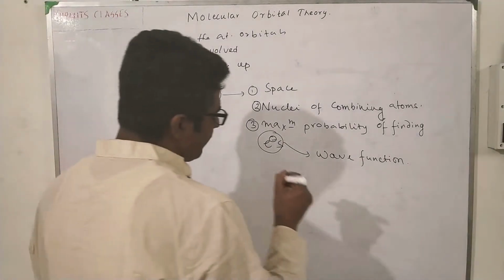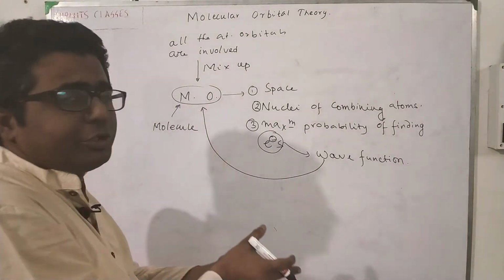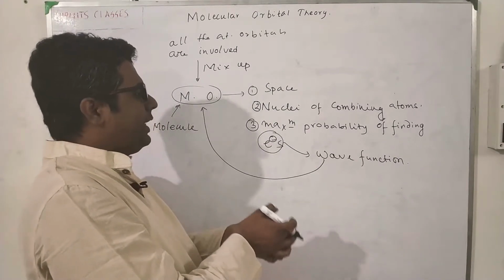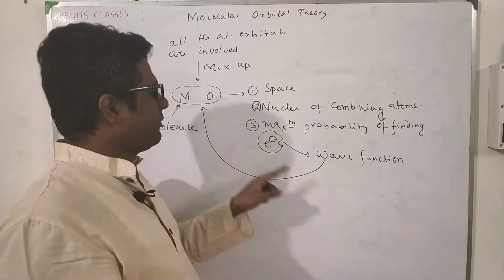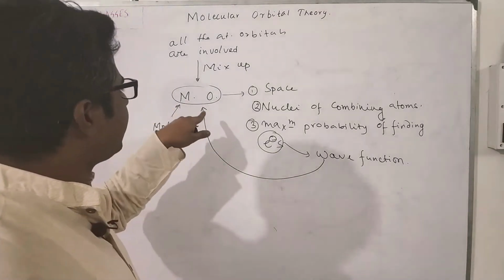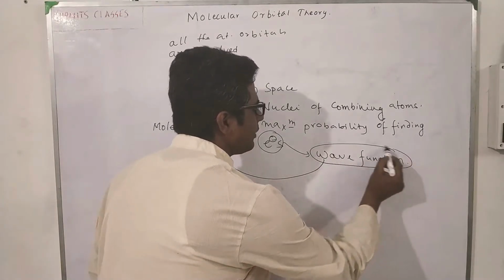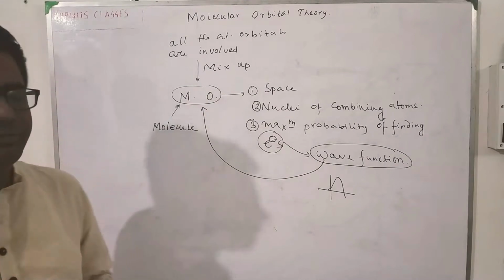And this wave function is basically the molecular orbital where the electron is going to reside. So where will the maximum probability of finding electrons be? On the molecular orbital. And this higher probability in the molecular orbital is in the form of a wave function. So basically the electron is a wave.